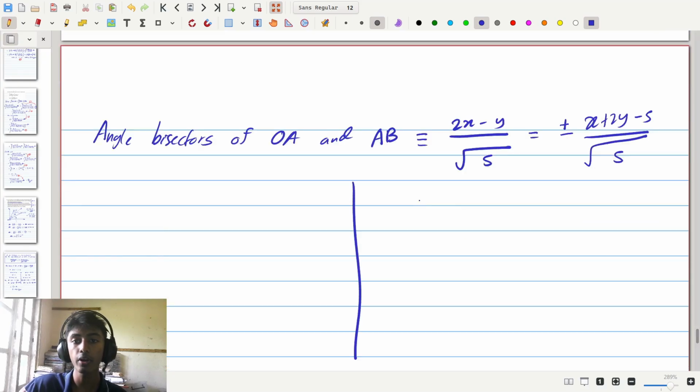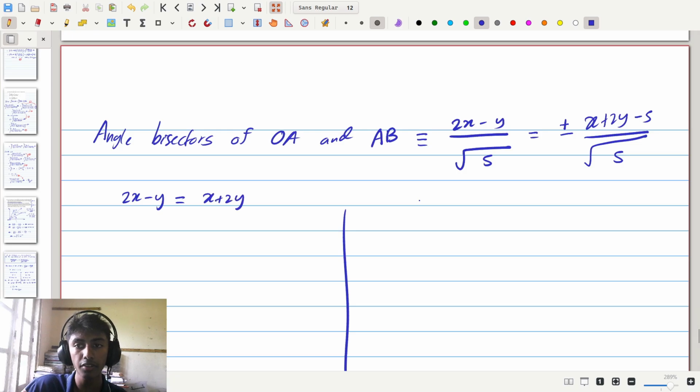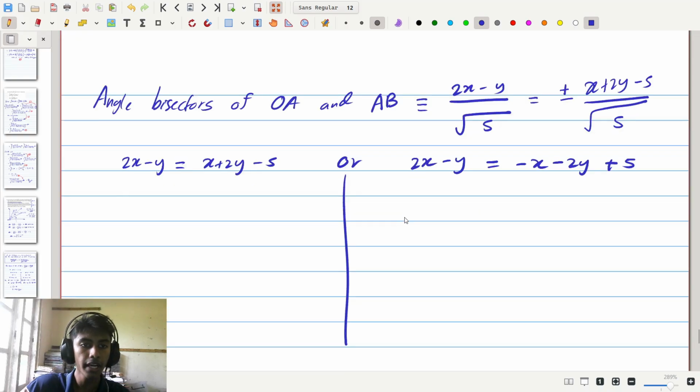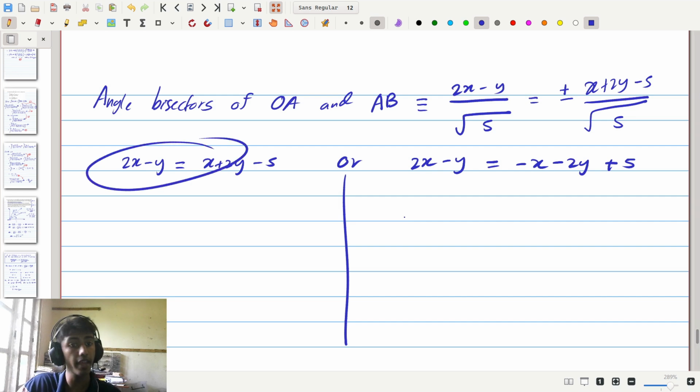Once again, we have case 1 where 2x minus y equals x plus 2y minus 5, and in the other case, 2x minus y equals minus x minus 2y plus 5. Now if we solve them, for the first one, if we take the x from both sides, we have x on the left hand side.